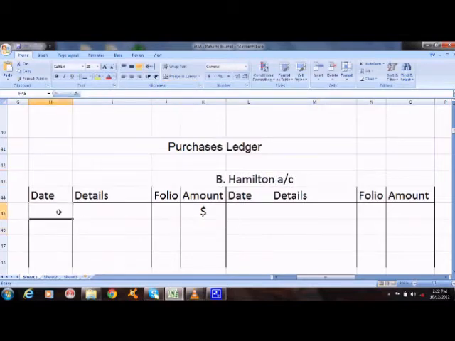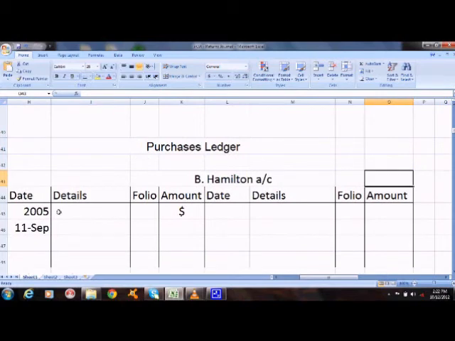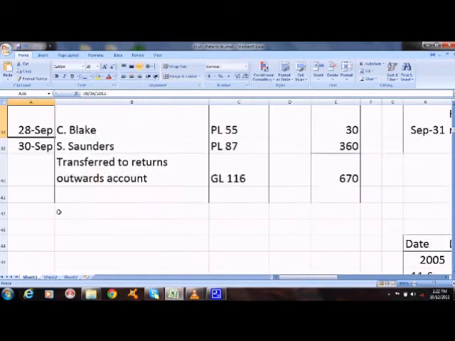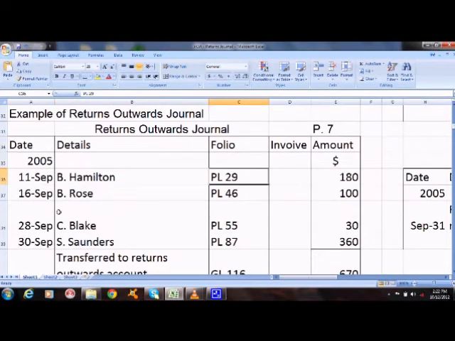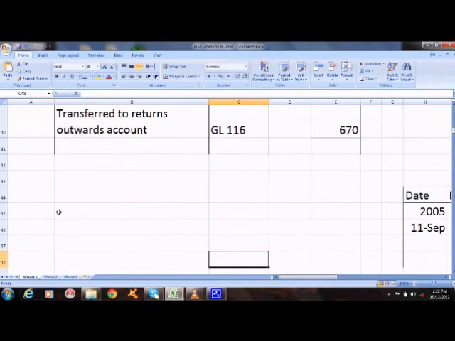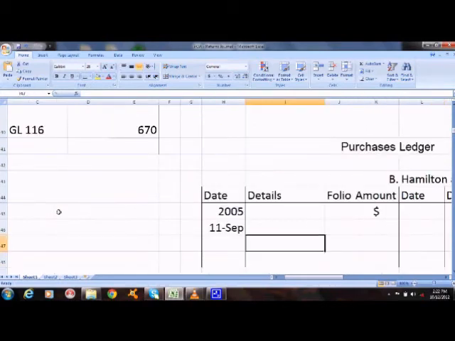Now on the debit side, the year is 2005, and it is September 11. Please note also that we are working from page 29, and that page 29 comes from this page 29, and the amount is 180. So question, what do we write in this section? Returns outwards.